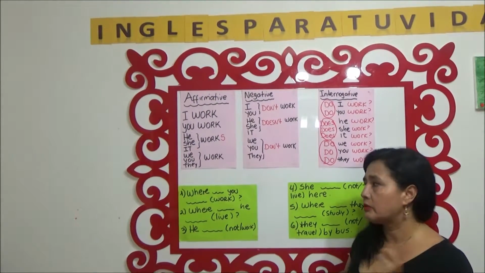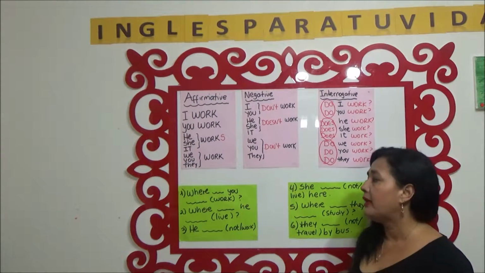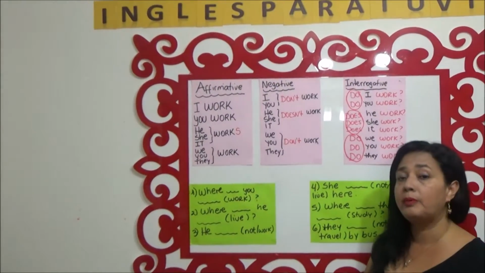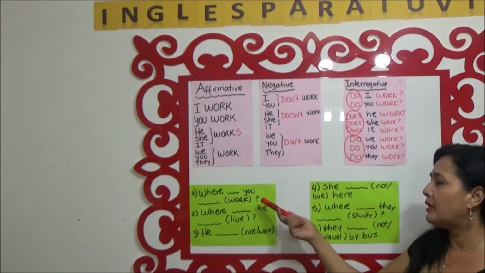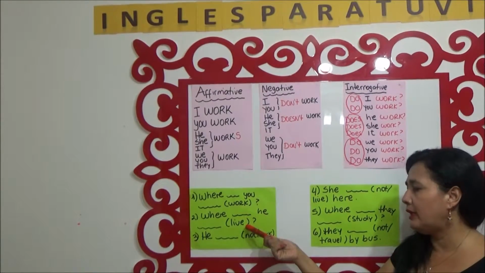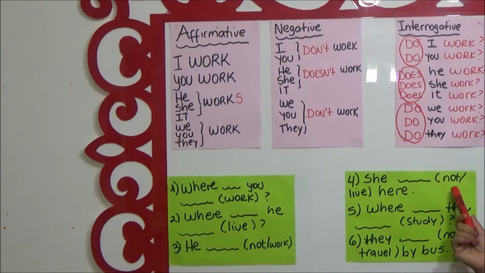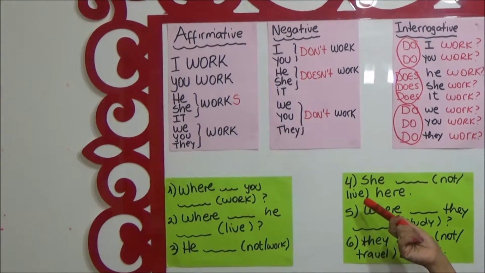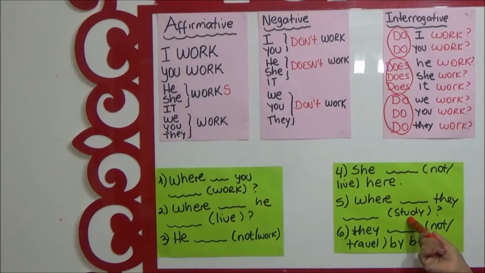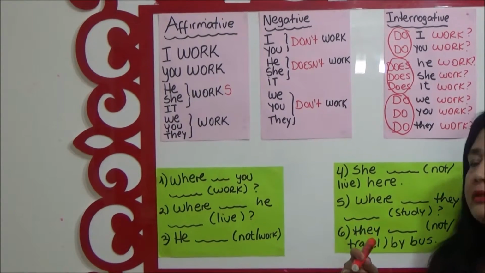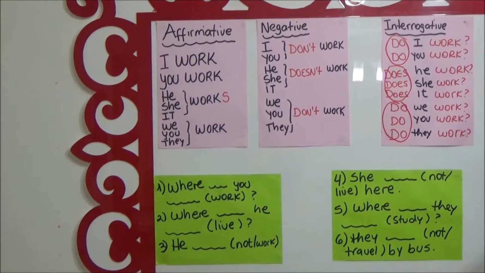So they are different. Now, here I put six sentences to complete, with the verbs work, live, the negative of work, the negative of live, study, and travel, to check what we are seeing.